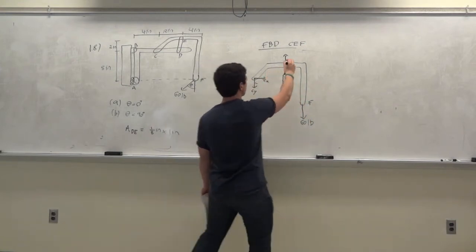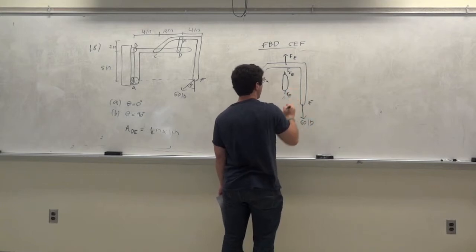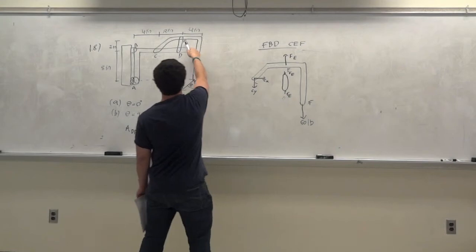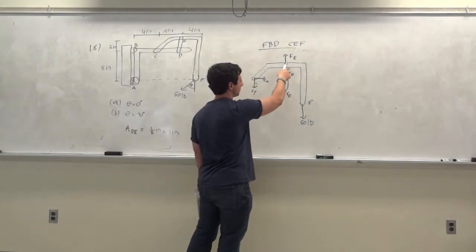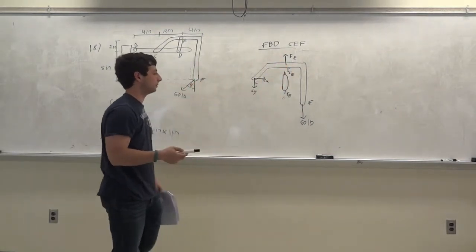What do you want to call this force? FE. Okay. So this is a free body diagram of ED, and it's in compression, so this force has to be equal and opposite, so it's upwards. So this is our complete free body diagram.